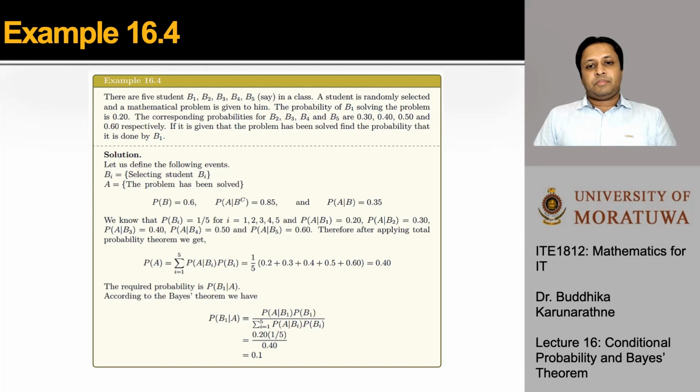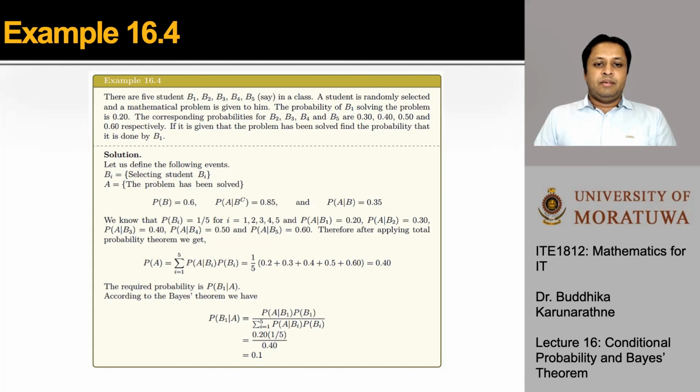And P(A given B1) is 0.2. P(A given B2) is 0.3 as it is given. P(A given B3), P(A given B4), and P(A given B5) are also provided. So therefore, after applying the total probability theorem, we can find out P(A). Okay, so A is that the problem has been solved.